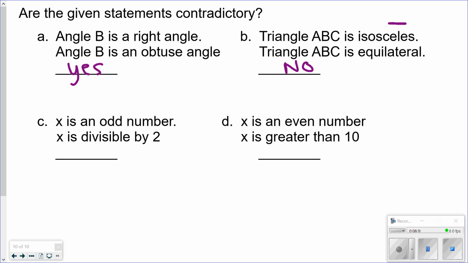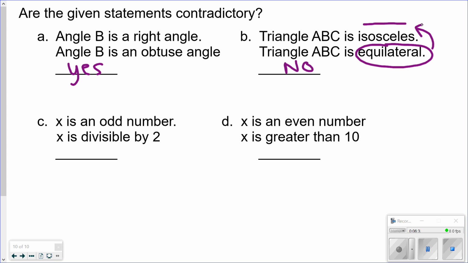Well, an equilateral triangle is technically an isosceles triangle. And I know that's kind of hard to think about. I would never give you a question like this on a quiz or test, but it could be on an AIR test. So an equilateral triangle is technically an isosceles triangle because it does have two congruent sides.